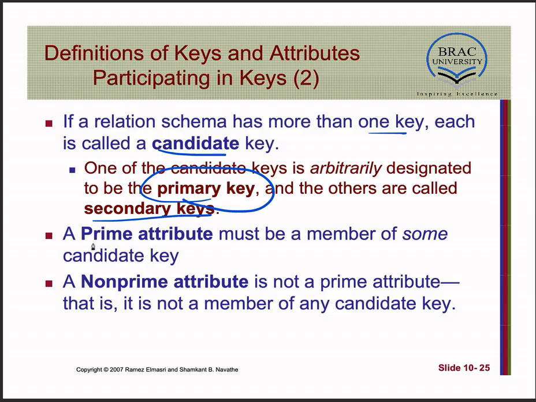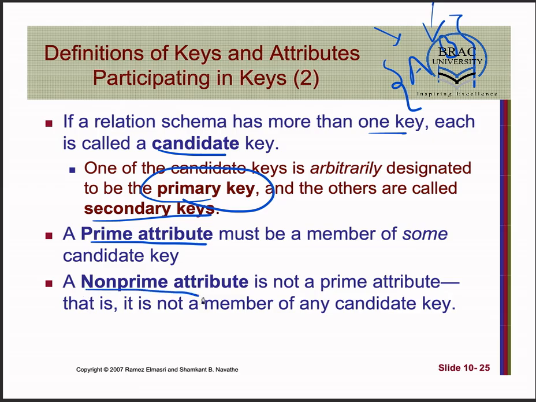A prime attribute is a member of some candidate key. A key can actually be a set of attributes. So let's say I have a key with attributes or columns A and B. A is a prime attribute and B is also a prime attribute because they are members of a candidate key.